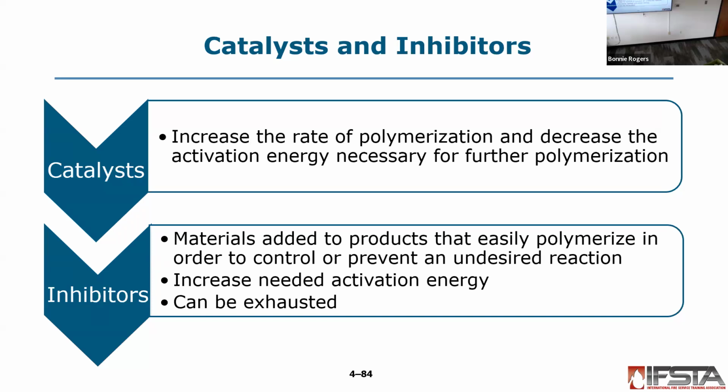A lot of these substances are given an inhibitor. Okay, so that's added to it. And what do you think an inhibitor is? An anti-reactant, something that's going to slow that down, right? So the opposite of a catalyst.